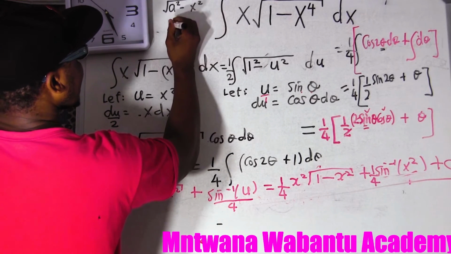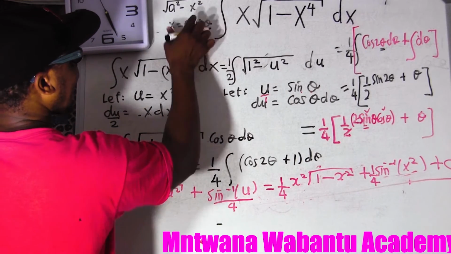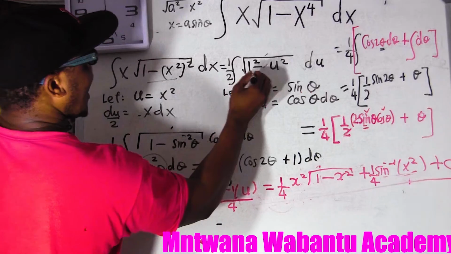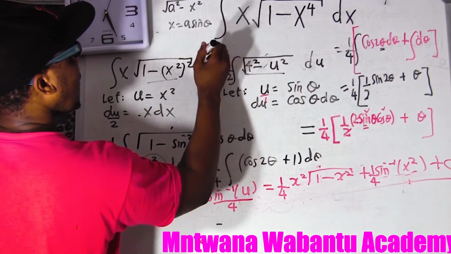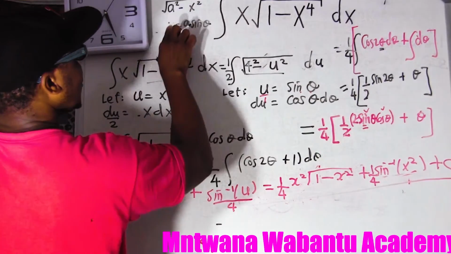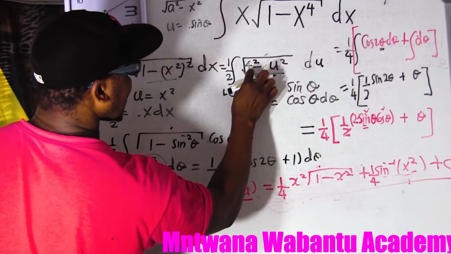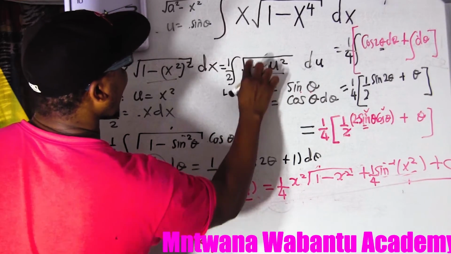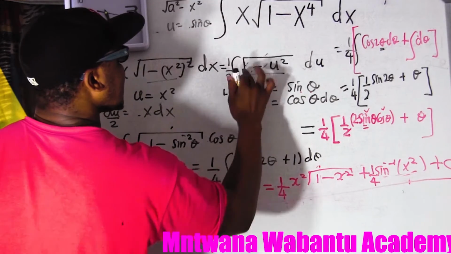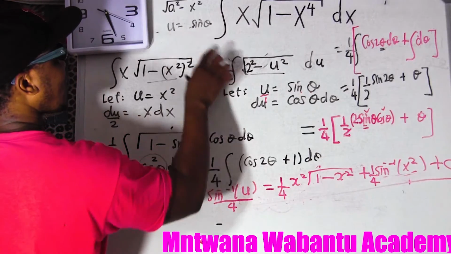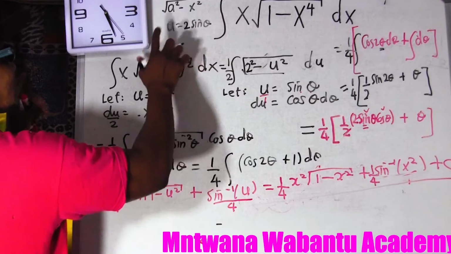You say x equal to a sine of the angle. Even if a is, let's say, 4, 4 means 2 squared, so here I could have said u equal to 2 sine of the angle. So this is for sine.